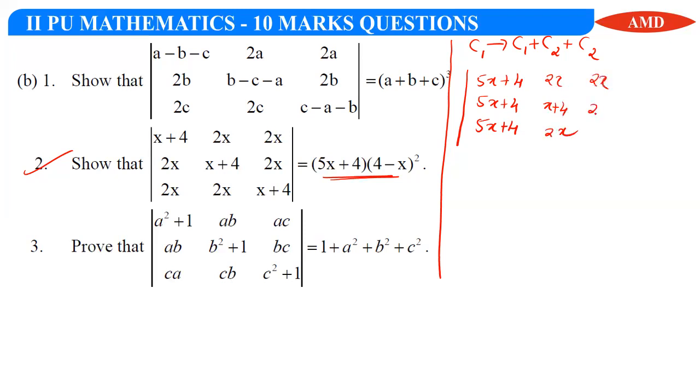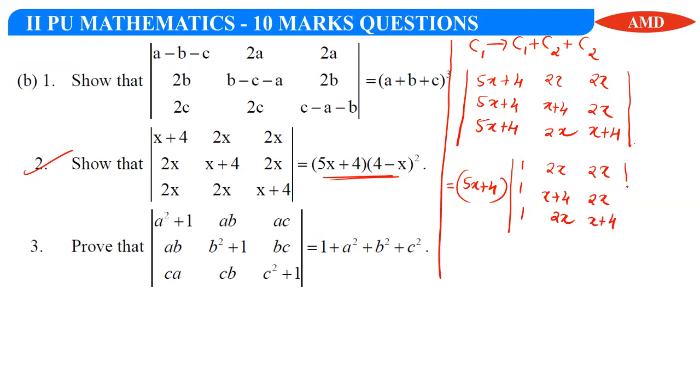Third column also remains as it is. Now I'll take out the common factor. In the first column, we have 5x plus 4 common. I'm taking it out. And what remains there? 1, 1, 1. 2x, x plus 4, 2x. 2x, 2x, x plus 4.